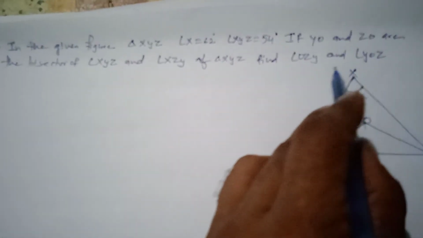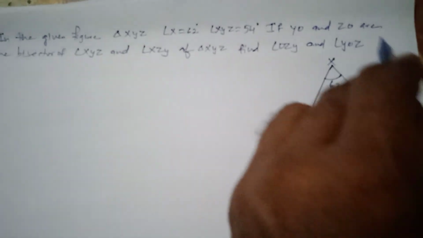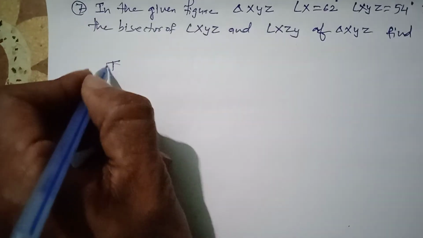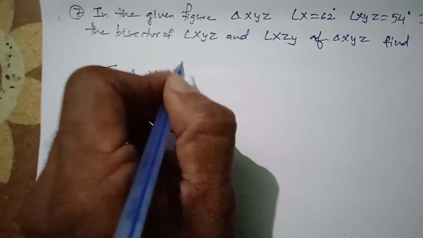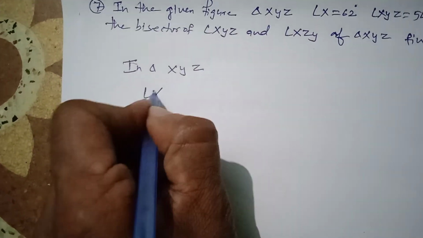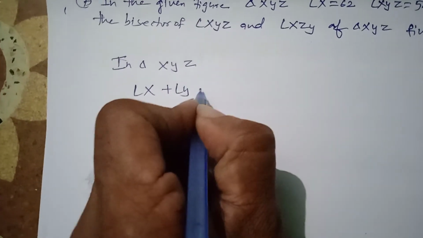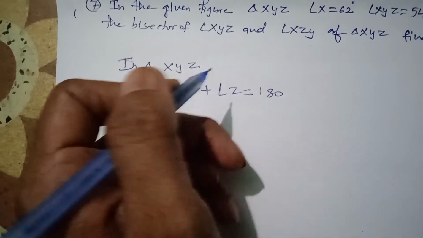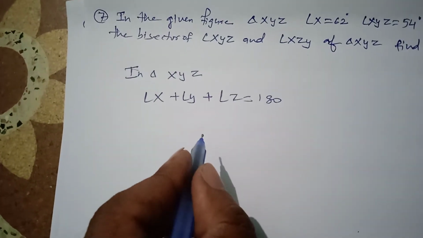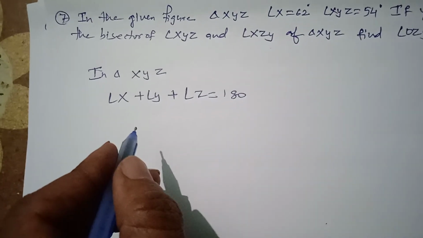Here, first of all, let us see the triangle XYZ. In triangle XYZ, angle X plus angle Y plus angle Z is equal to 180. The sum of the measures of three angles of a triangle is 180.